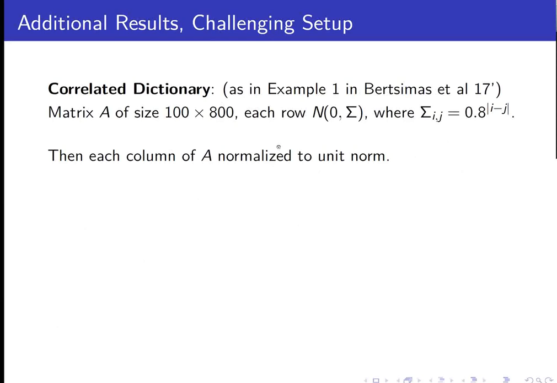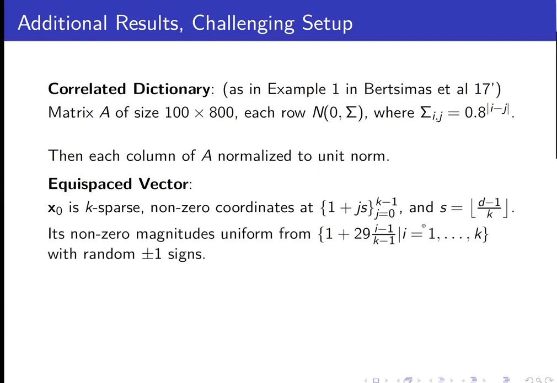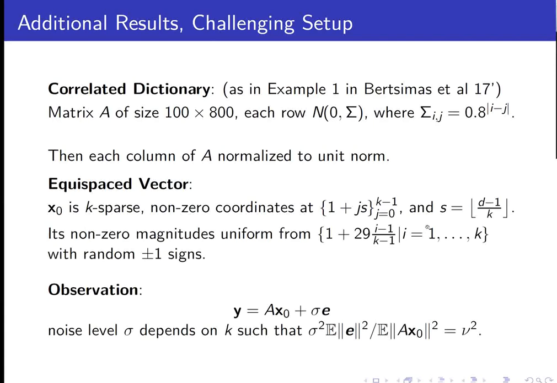Okay, so some of the columns have a dot product which is large, and this makes finding which columns to choose more difficult. We also took a vector which is k-sparse, but its non-zero entries, some are large, some are small. This makes the problem also more difficult. And we added a little bit of noise.